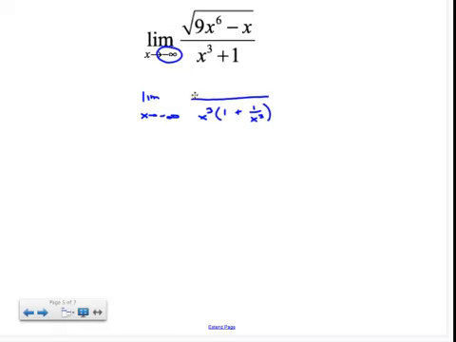Now, let's be a little careful about how we handle the numerator here. Because my variables are inside the radical, I first need to factor out the biggest power of x in the radical, and I need to get it outside the radical correctly. So that's x to the 6th times 9 minus 1 over x to the 5th.